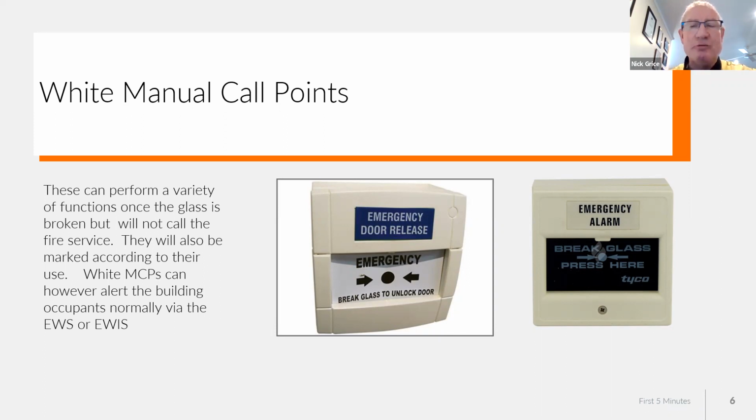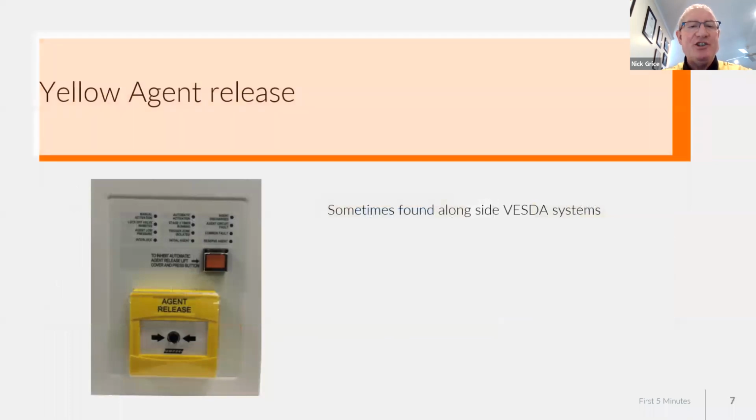The emergency door releases, obviously, are near doors for opening the door in the event of an emergency. The other ones you get are yellow, and they're the agent release ones for fire suppression systems. So if you've got a gas suppression system in a server room and there's a fire and the detection system hasn't picked it up, or you're quicker than the detection system, like I mentioned before when we were talking about Vesda, you can come out there.